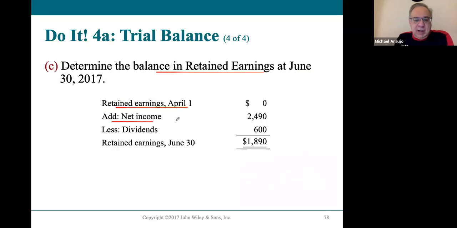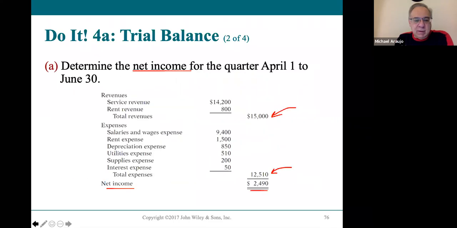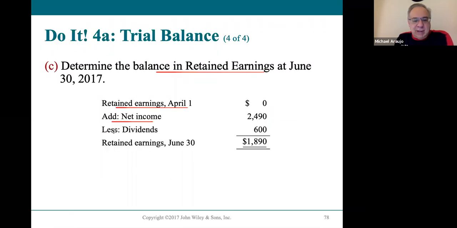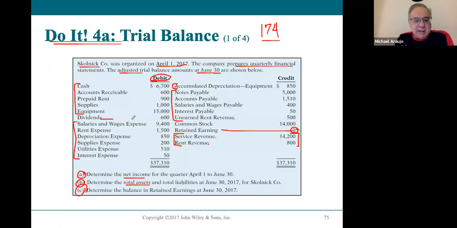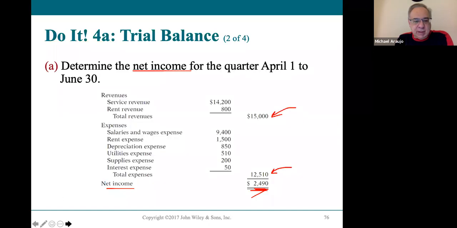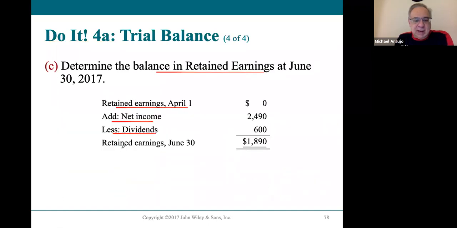You add the net income, 2,490, which comes from the income statement. We subtract out dividends of 600. How do we know it's 600? Go back to the adjusted trial balance. Dividends, 600. Subtract that out. This is your retained earnings, 1,890.